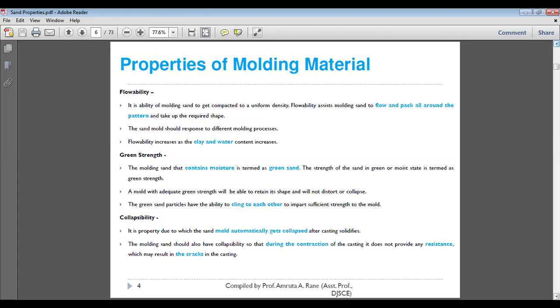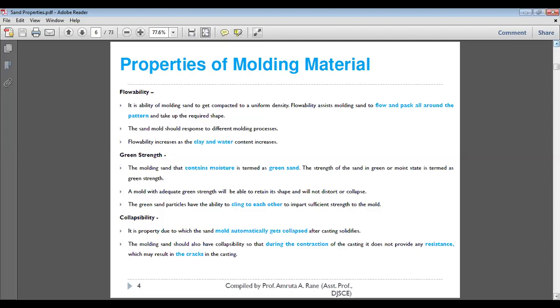Then it must have green strength. Green strength means the strength when it contains moisture, when it contains water content. Whereas dry strength is when the mold is dried, and it contains no moisture content. It contains no water vapors. At that time, the strength is known as dry strength.